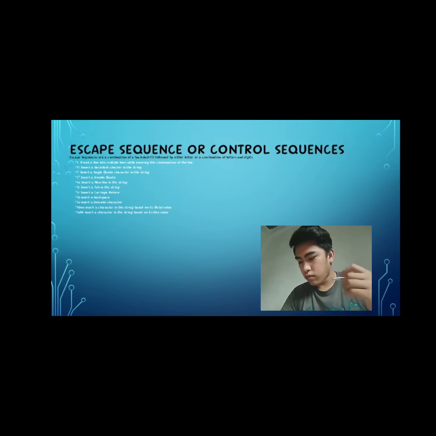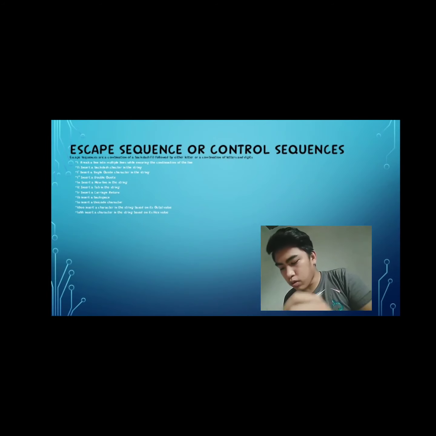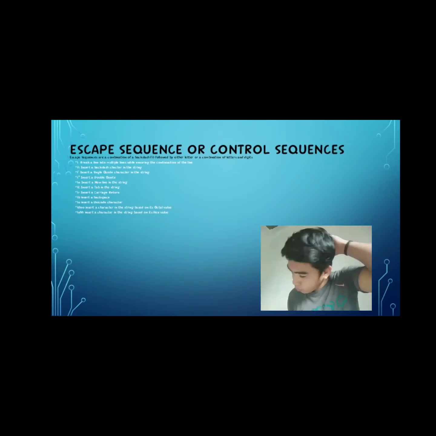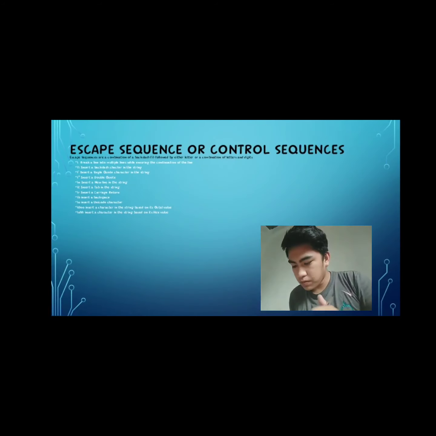Then yung backslash dalawang comma po is equal to insert a double quote character in the string. So yung kanina po is isa lang po yung quote niya, so kaya po single character. Langan po yung dalawa yung quote kaya naging double string.